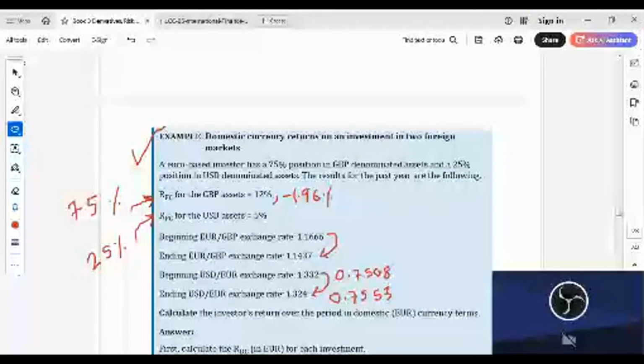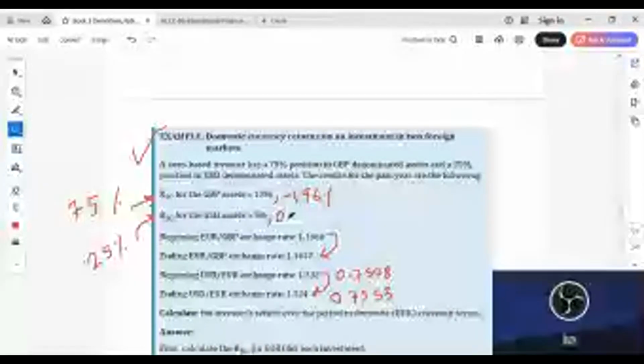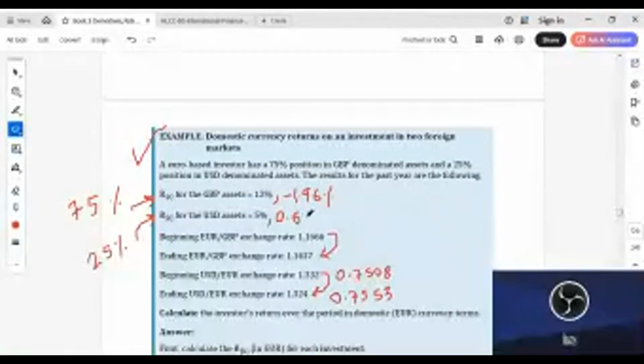Be 0.6%, right? Now you compound this two, this as well as this.